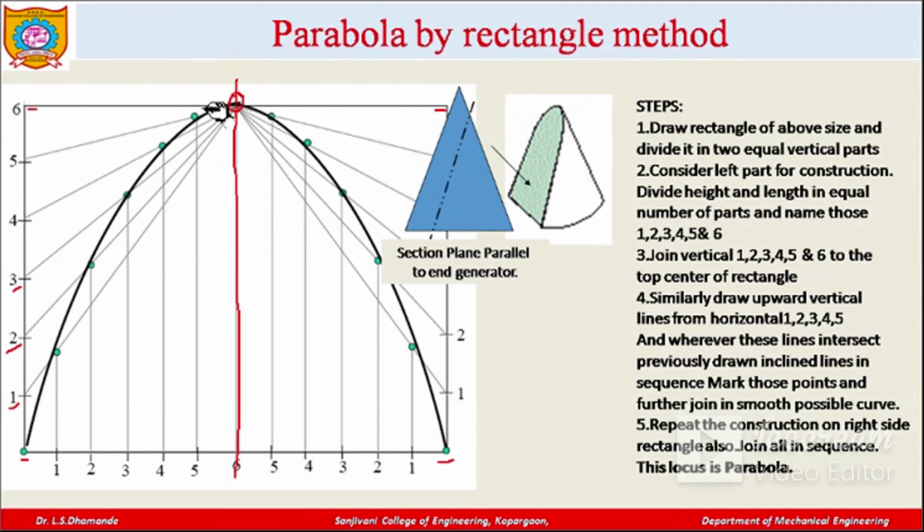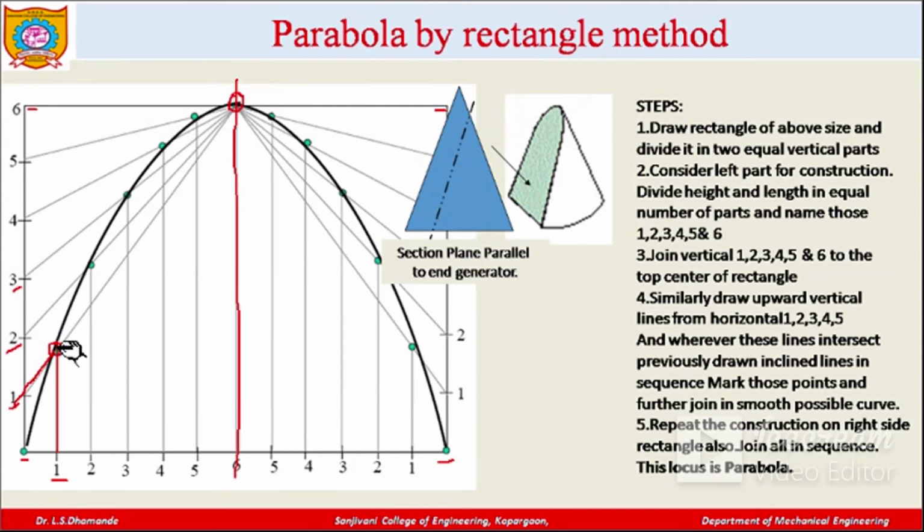Then from the points that you have marked on this horizontal line, on the length, draw vertical lines, and wherever this vertical line and this inclined line intersect at a certain point, that is a point on the ellipse, sorry, on the parabola.